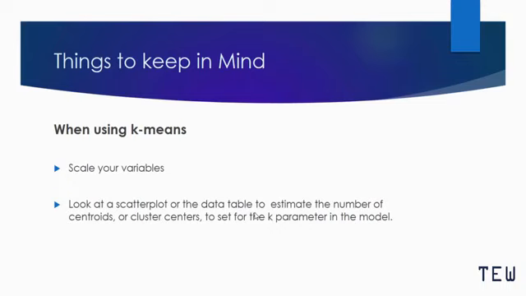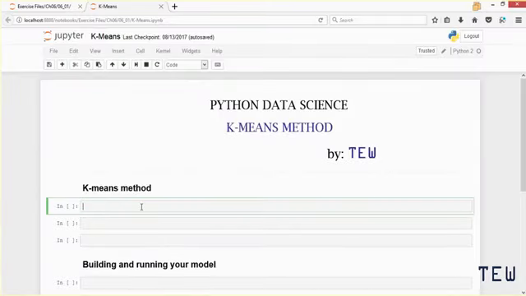And second, you need to look at a scatter plot or a data table to estimate the number of cluster centers to set for the k parameter in the model. That might not make a lot of sense to you now, but I am going to show you how to do this in practice in just a few seconds.